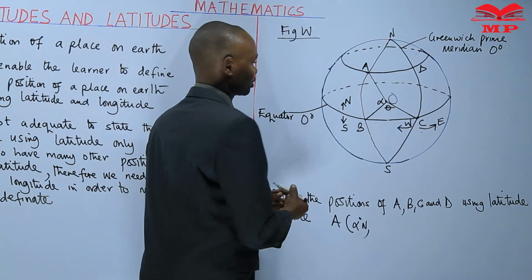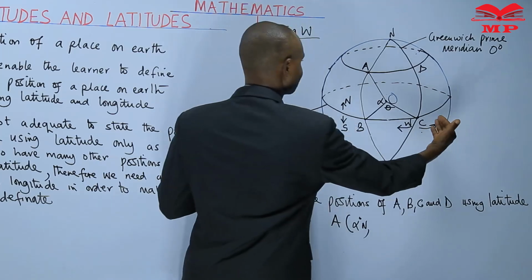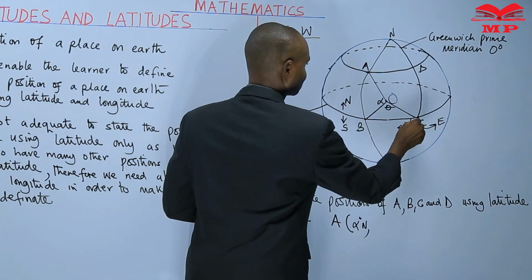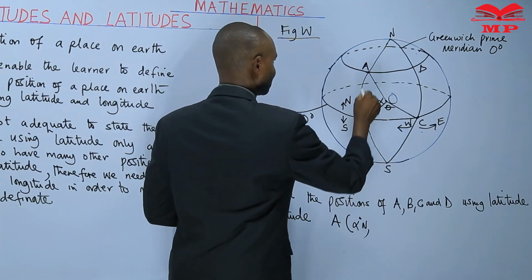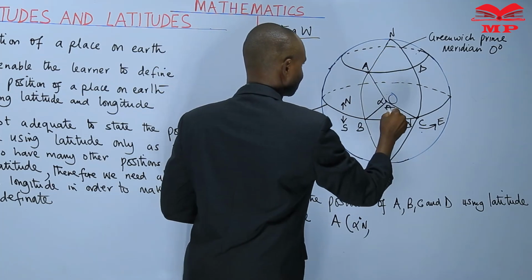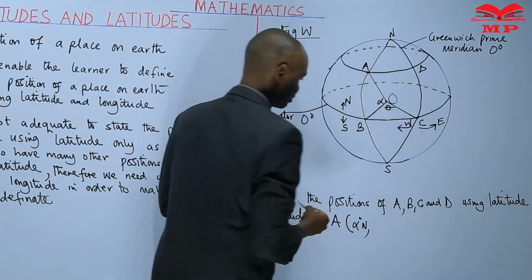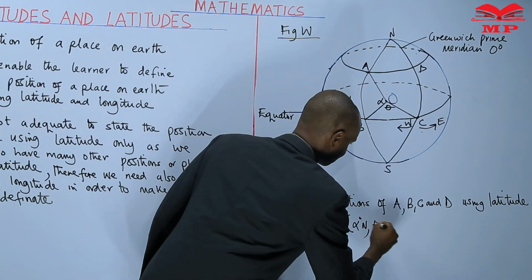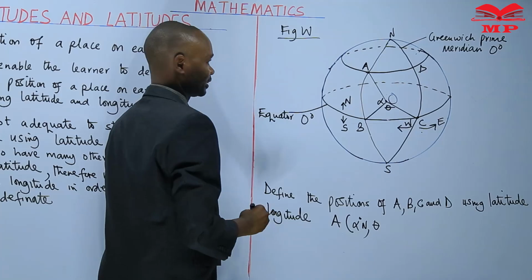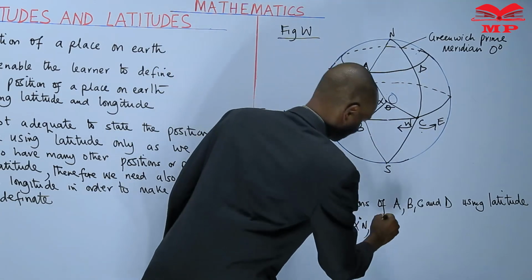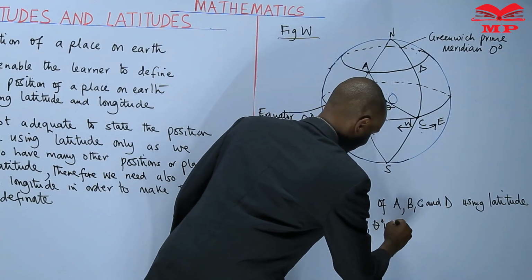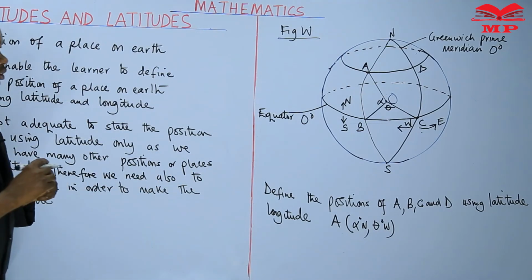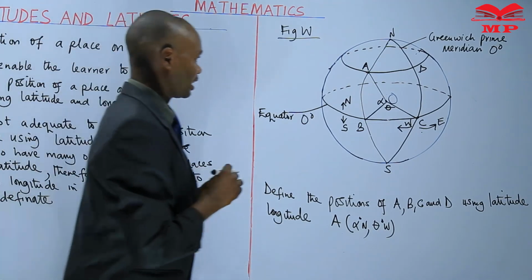What about the longitude? You'll consider the meridian either west or east of the Greenwich prime meridian. So that line of longitude is theta degrees to the west of the Greenwich prime meridian. So you write theta degrees west. I would have definitely defined the position of A. I'll come to B.